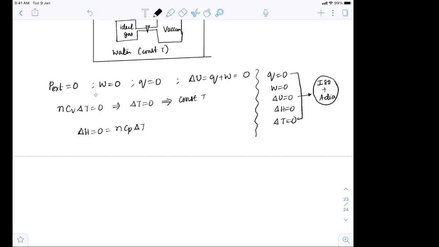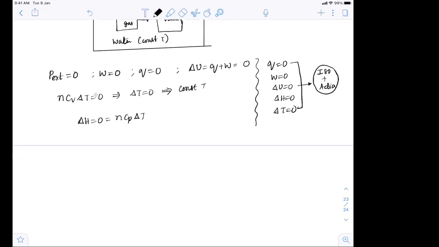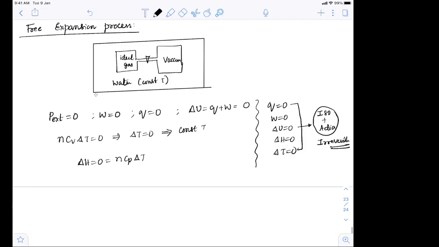So free expansion is something which happens both isothermally as well as adiabatically. Okay, and the expansion happens on its own, so it would happen very fast, so it is irreversible also, which means it is such kind of a process which is isothermal, adiabatic, and irreversible.